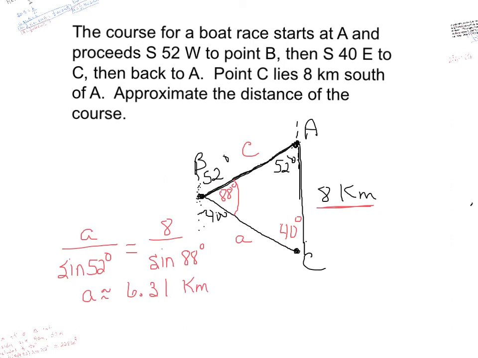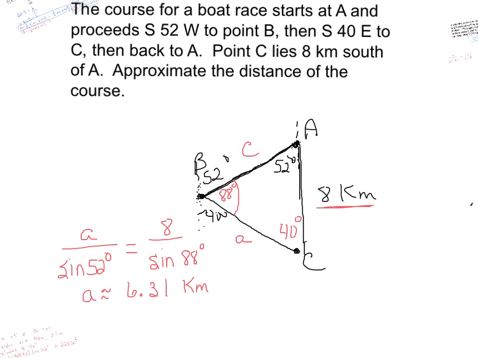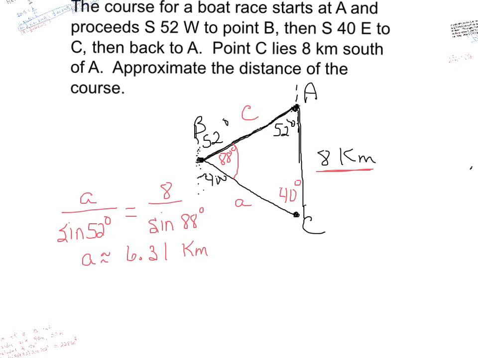We can do the same procedure to figure out what side C is. Side C is going to be C over the sine of 40 is equal to 8 over the sine of 88. And when you plug that into the calculator, we see that C is approximately 5.15 kilometers.